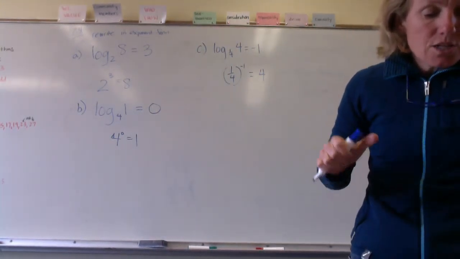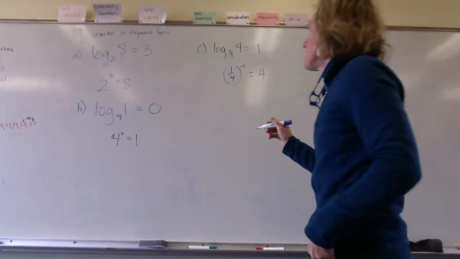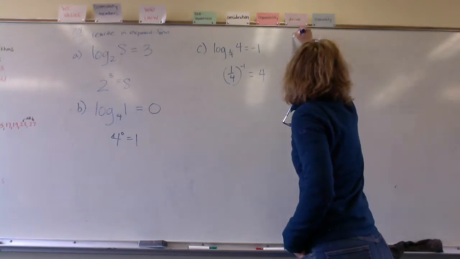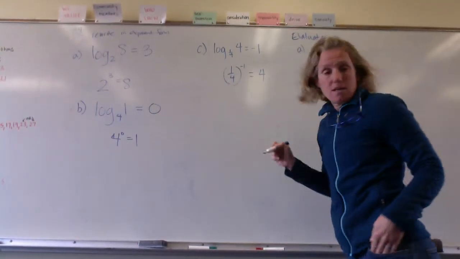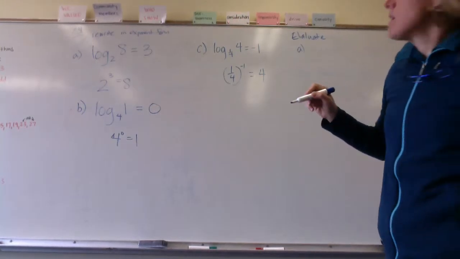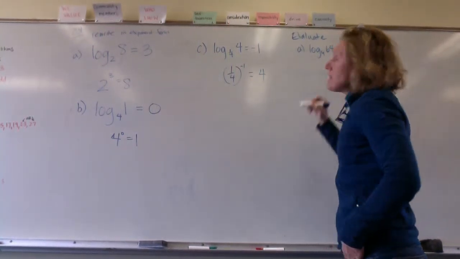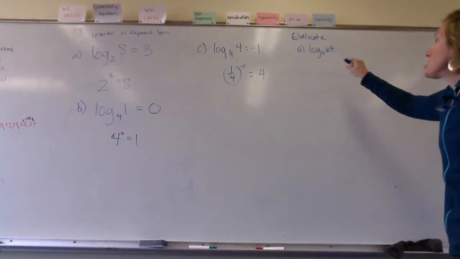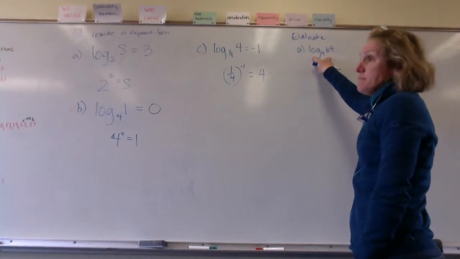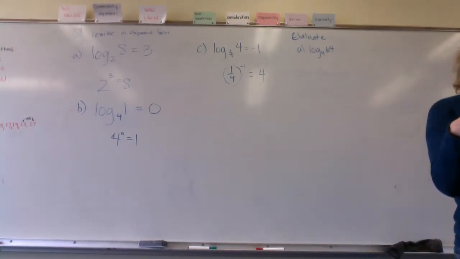Okay. So let's see if we can evaluate some logarithms. If you can do this, then you should be able to evaluate. Now here's what I do. If they give me this, this is an expression. Remember, we evaluate expressions or simplify expressions.